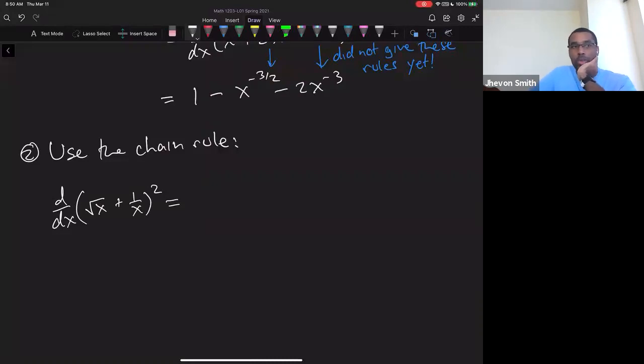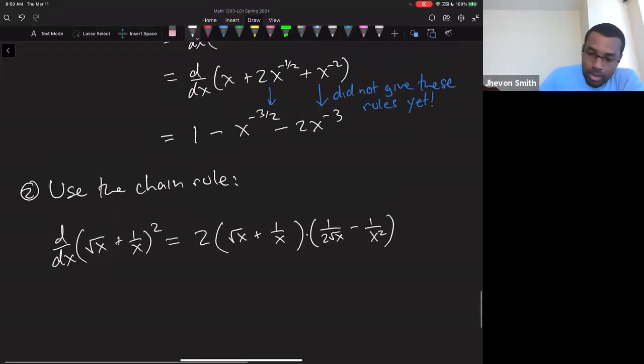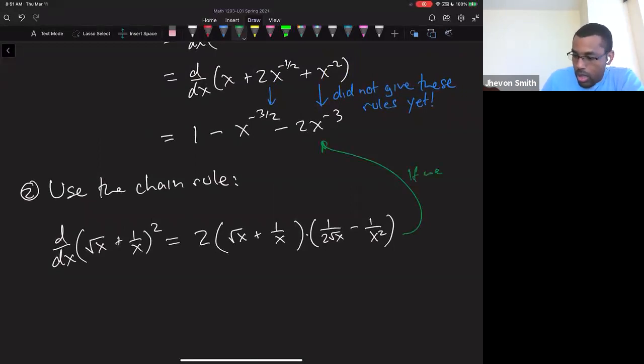So what we can do is differentiate the outer function, which we know how to do. It's the same as differentiating a square, leaving the inside alone, and then multiplying by the derivative of the inside function, which we now know is 1 over 2 rad x minus 1 over x squared. And if you expand this, you'll realize you'll get that, right? So that's one way you could figure out that those rules actually work.